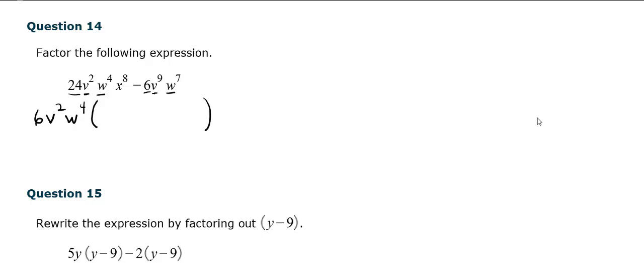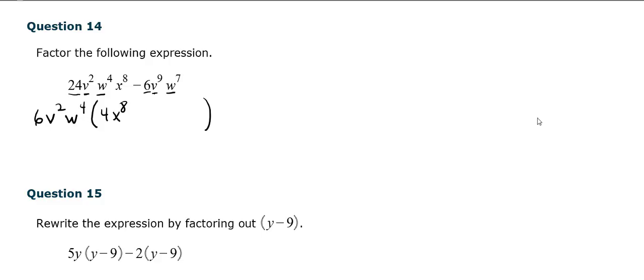So now I divide each term by the greatest common factor. So 24 divided by 6 is 4. I had 2 v's. I took 2 out, so I don't have any v's left. I had 4 w's. I took 4 w's out, so I don't have any w's left. But since I didn't take any x's out, it remains unchanged at x to the eighth.